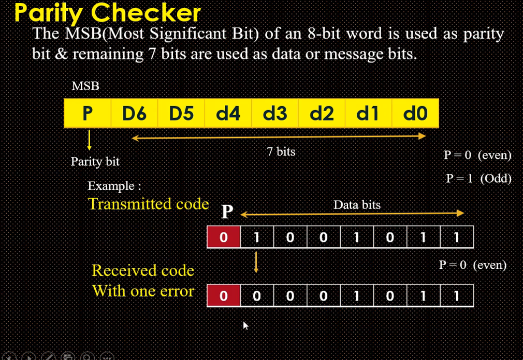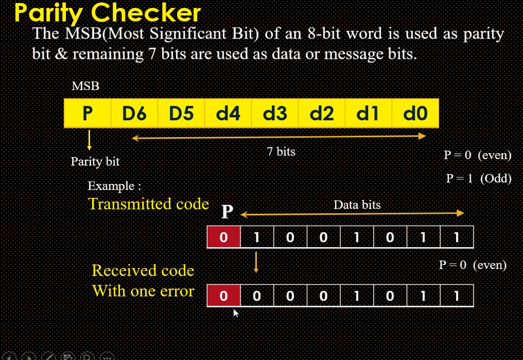But here we observe only 3 ones, so P should be 1. But here P is equal to 0. So the data bits contain some error. That error is present in the second bit.